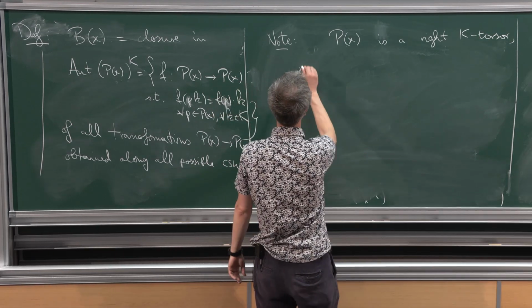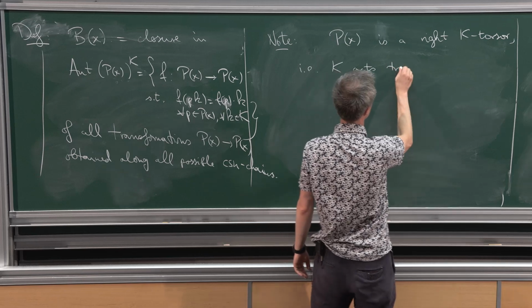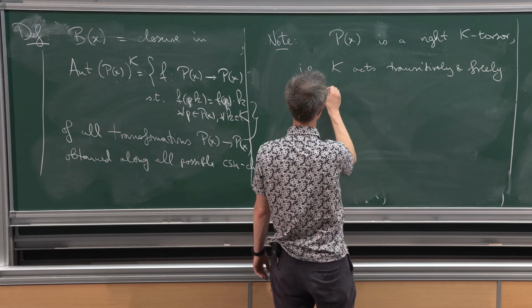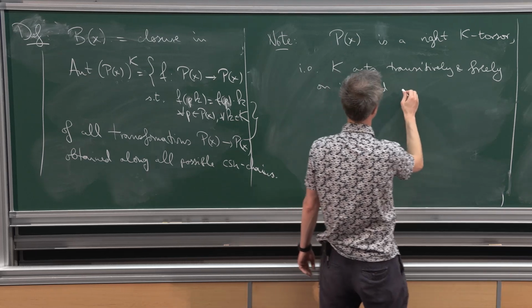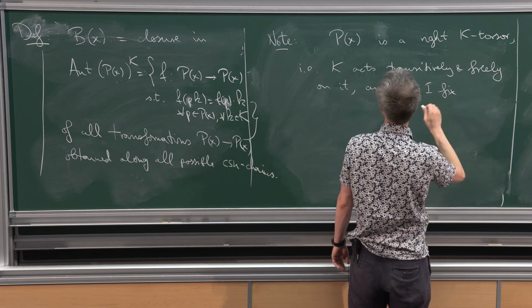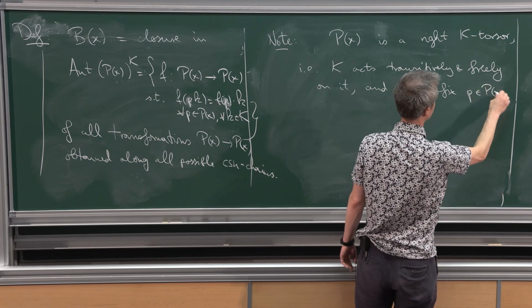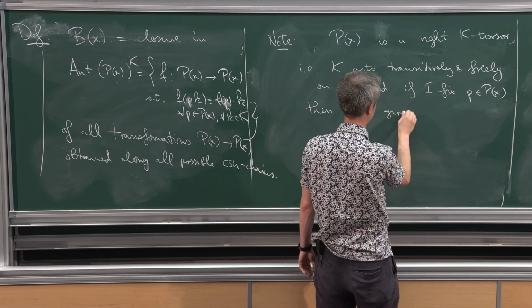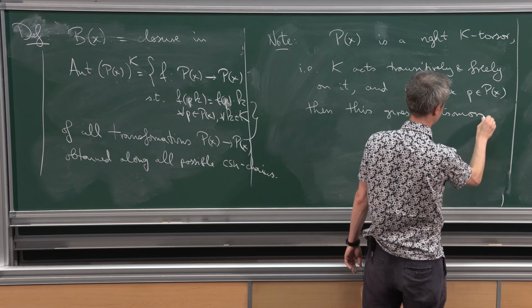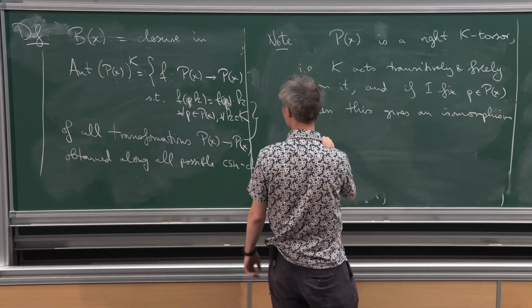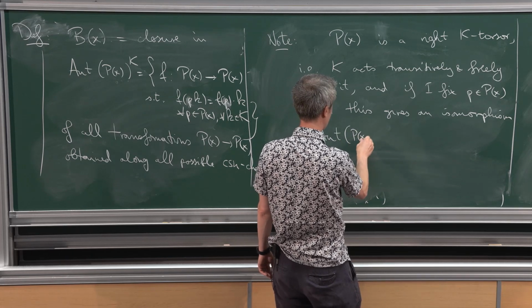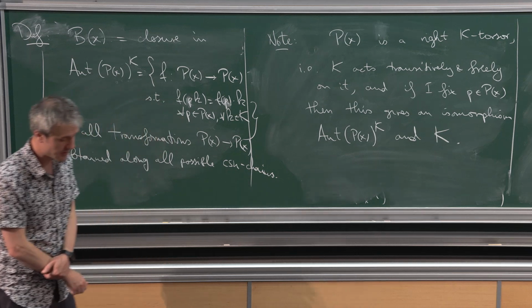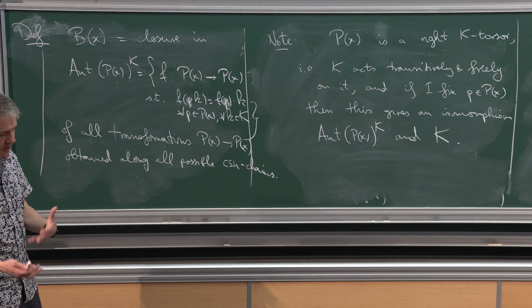So you have that K acts transitively and freely on it, and if I fix some point p inside Px, then this gives an isomorphism between this group that I wrote there, the maps of Px that commute with K, and K. So you can think of P of x as essentially like an orthogonal group, but without a base point.